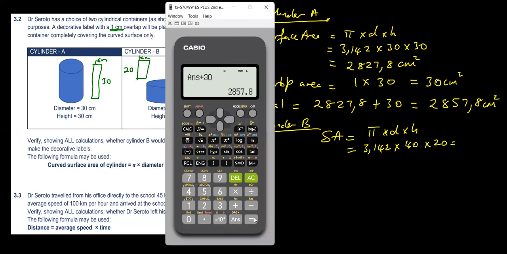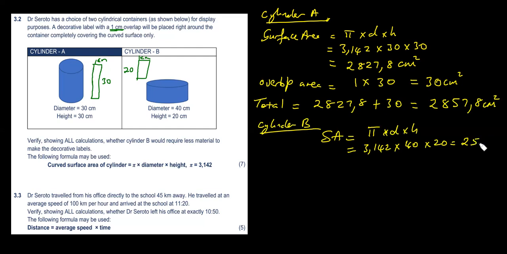We're going to say 3.142 times 40 times 20. We get 2,513.6 centimeter squared.